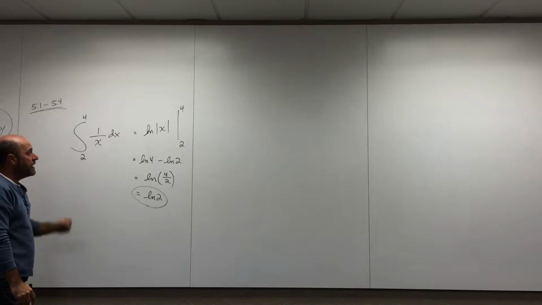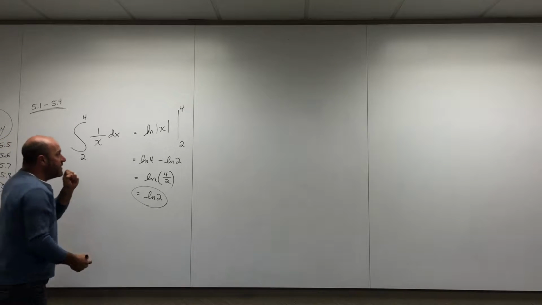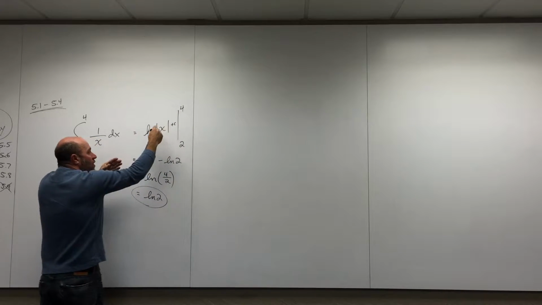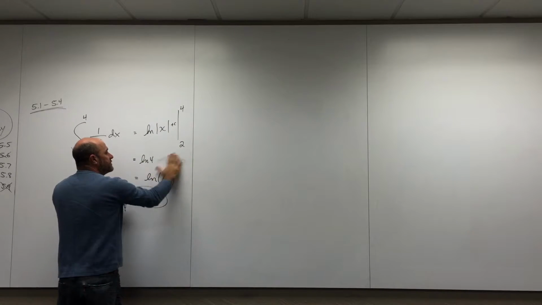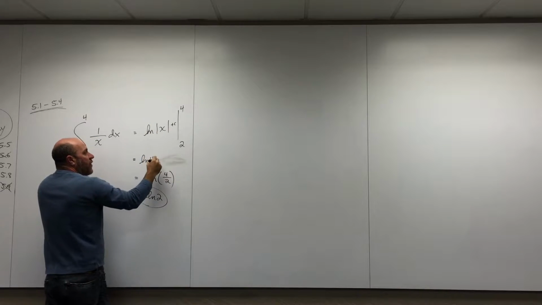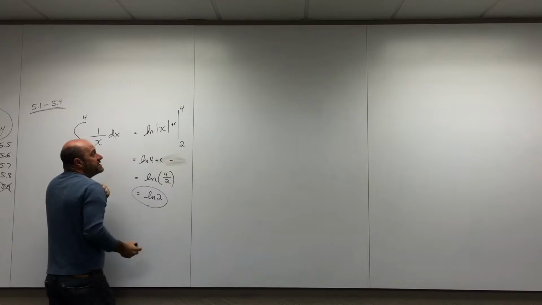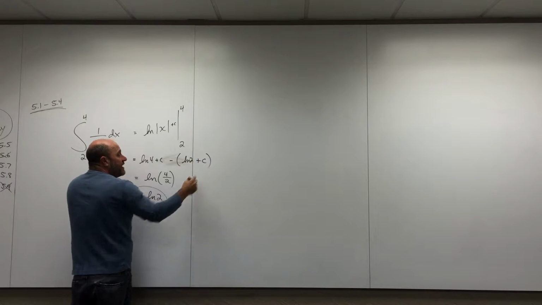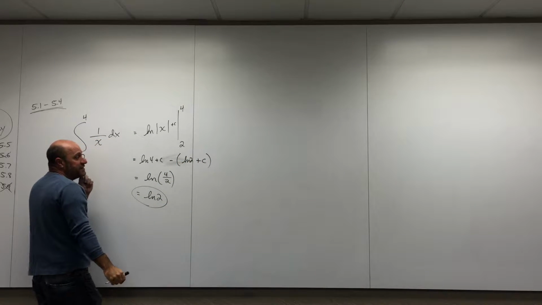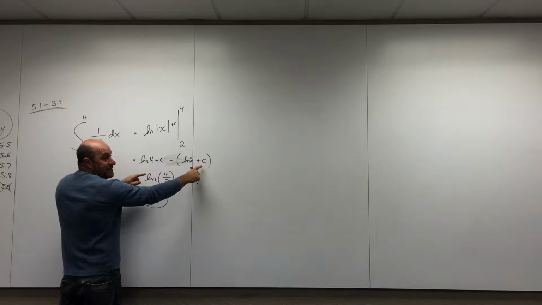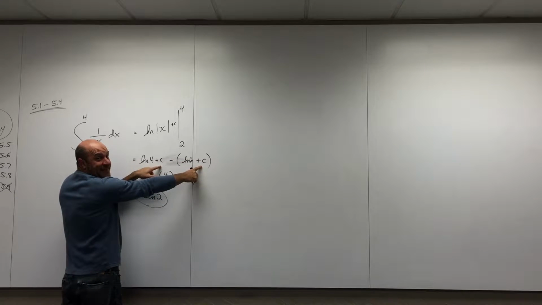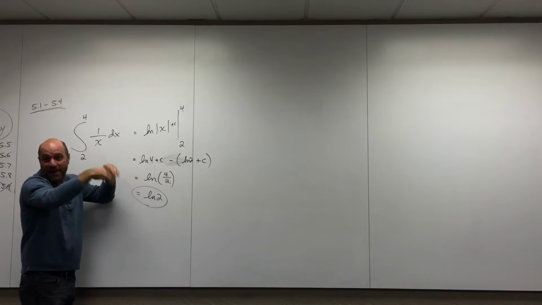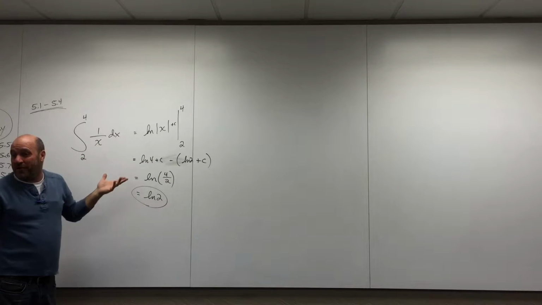You'd plug in the 4 and get the log of 4 plus c, minus, then you plug in the 2 and have the log of 2 plus c. Now guess what happens to those c's? If you distribute the negative sign, they're gone. And they'll always be gone, not just for this specific example, but for any. That's why we don't put the plus c.